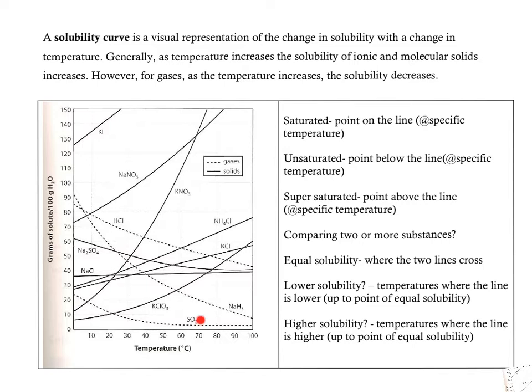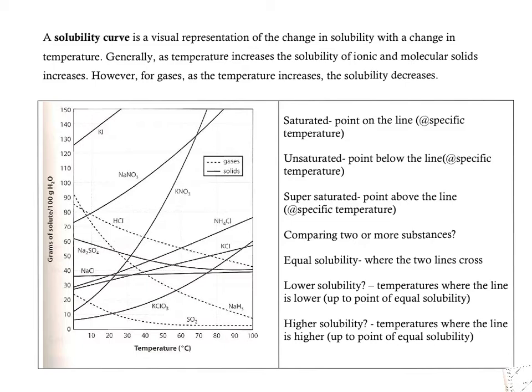If I go to 70 degrees, potassium chlorate is saturated at approximately 34 grams. So basically, you read up the graph and then you read over to the left to get the grams of solute. So if your number falls on the line, those are the saturation quantities for that temperature.